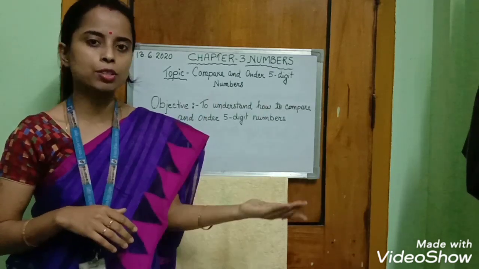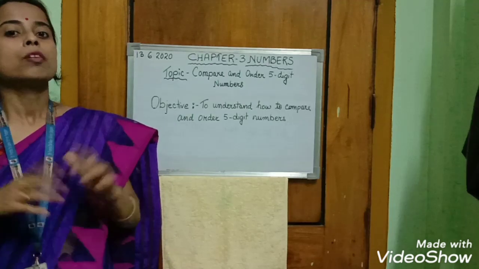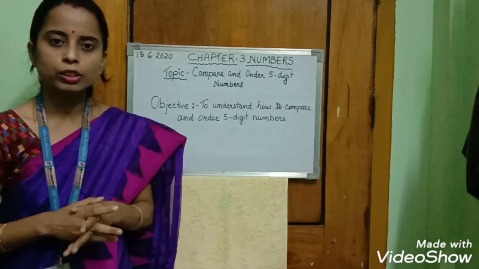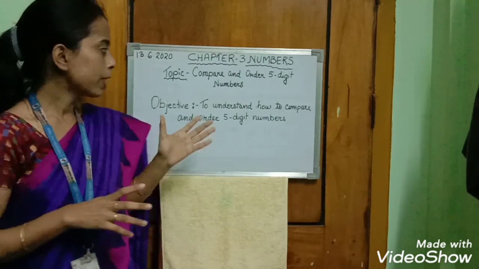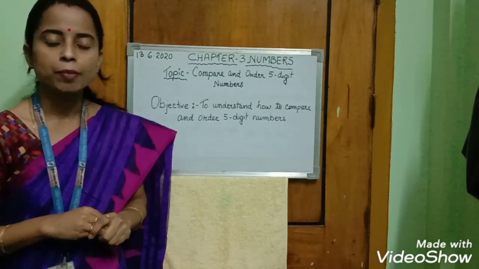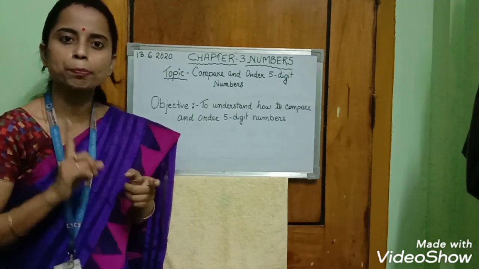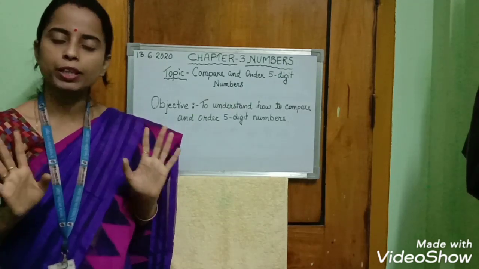And I have already discussed with you all in the last class the place value of large numbers, then the expanded form of the large numbers, that is, 5-digit numbers. Then writing the numbers using periods, all these things I have already discussed with you.